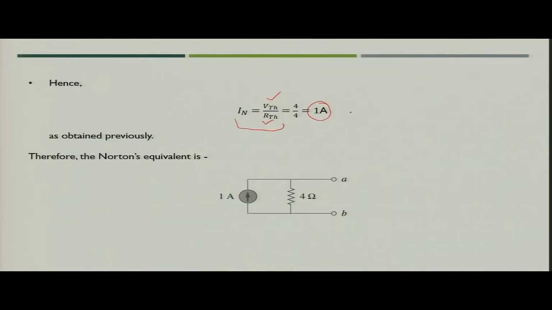So, we can say that Thevenin's theorem and Norton's theorem are dual to each other. You can simply use source transformation to convert from Norton's to Thevenin and Thevenin's to Norton equivalent circuits. Finally, you got the Norton's equivalent, where you have 1 ampere in parallel with 4 ohm resistance.